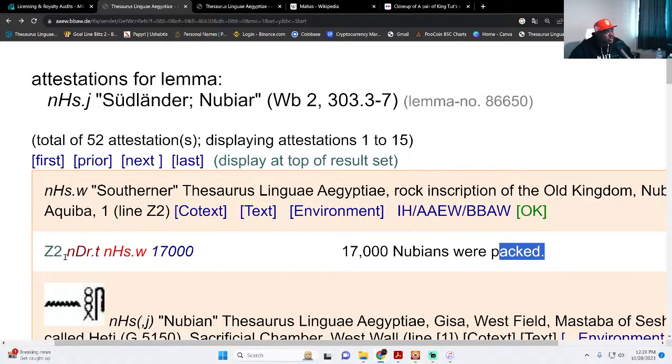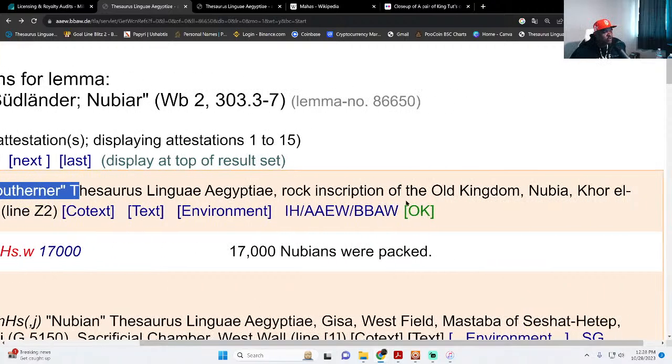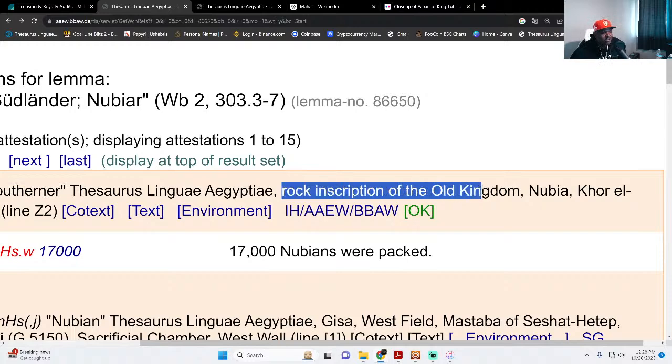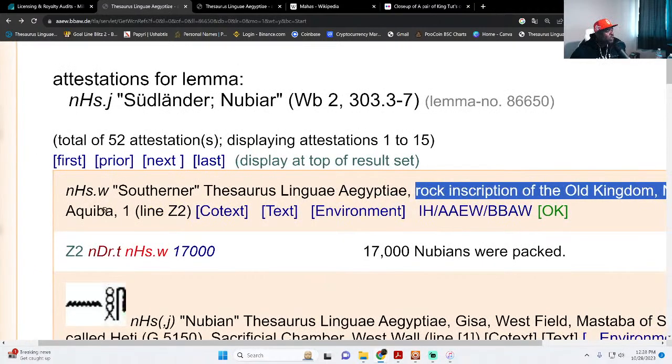But it's a rock, because if you look at the context of this term, that's the one that's always going to fall in. So the first time you hear the term Nehesu for Southerners in this text corpus will take us back to a rock inscription of the Old Kingdom, Nubia, Khor el-Aquiba, all right?